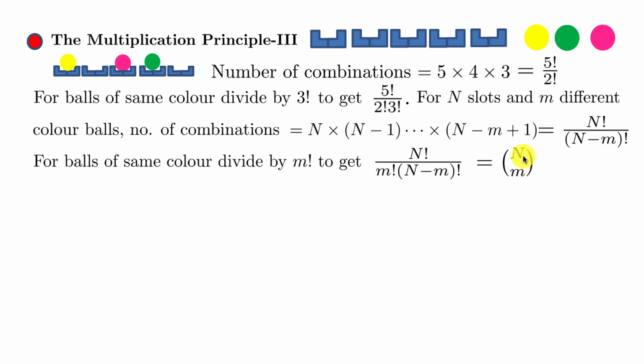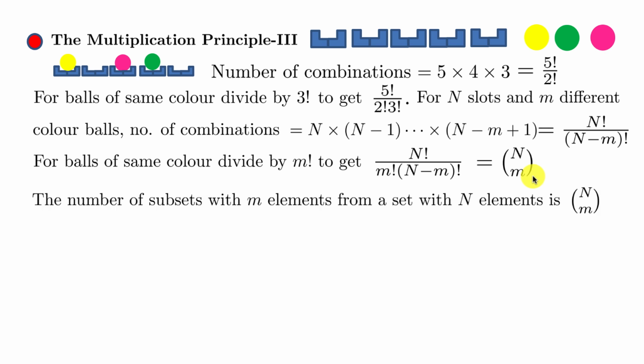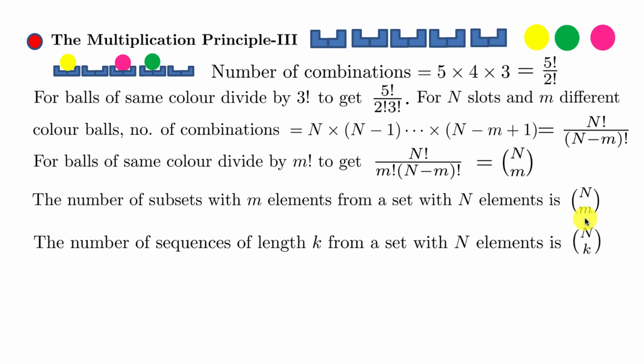So we had n slots, m balls, now all of the same color, and this over here is what we call n choose m. Or to put it this way, the number of subsets with m elements from a set with n elements is this. Equivalently, the number of sequences of length k from a set with n elements is this.